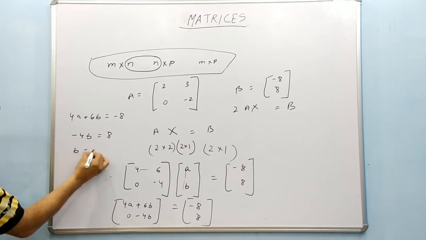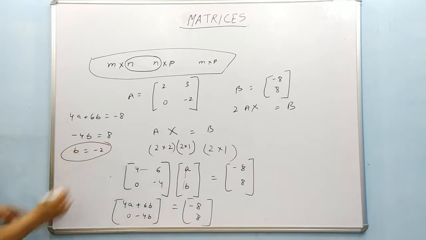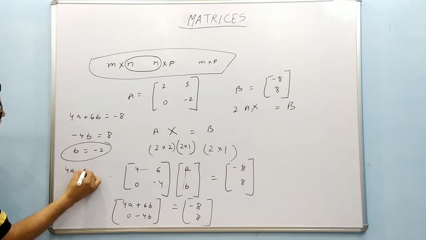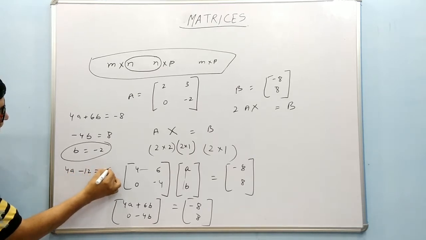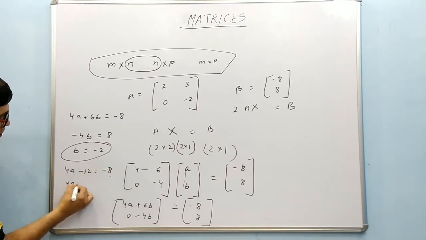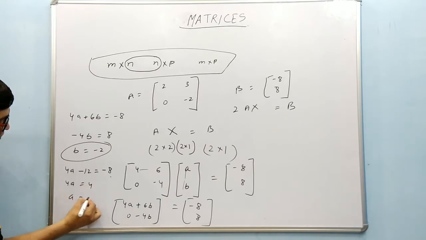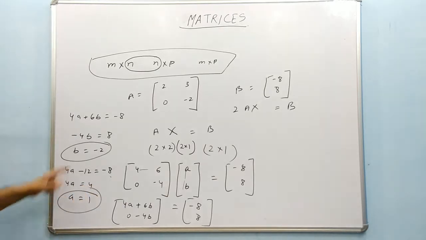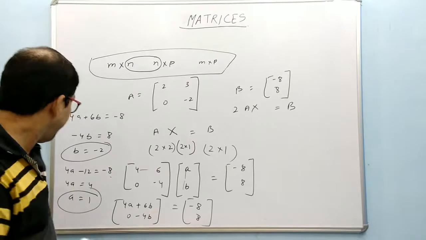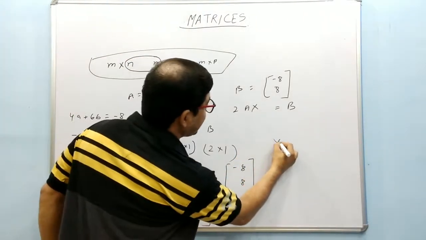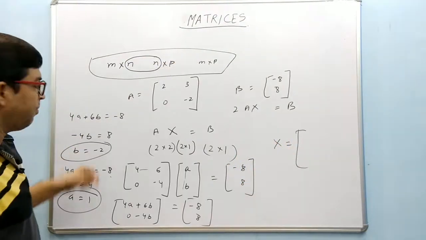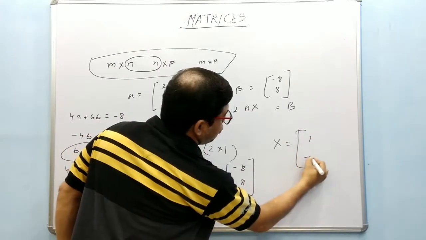So B comes out to be minus 2. Put the value of B here: 4A minus 12 is equal to minus 8. So 4A is equal to 4 and A is equal to 1. So we got the values of A and B. So matrix X will be 1, minus 2.